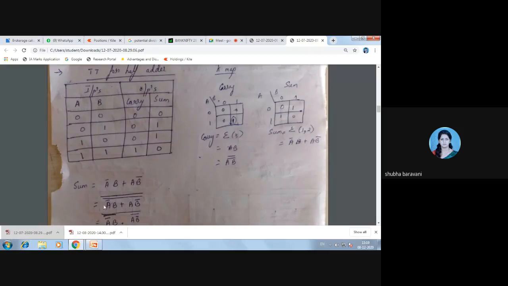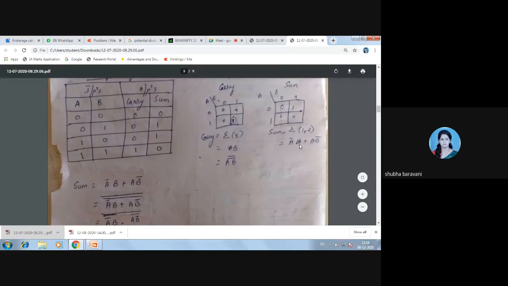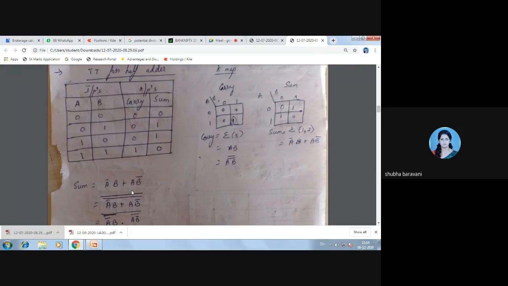See what I have done here, A bar B plus AB bar. For that I have put two negations. Okay, I have put double bar. Is it understood up till here? Yes, ma'am.